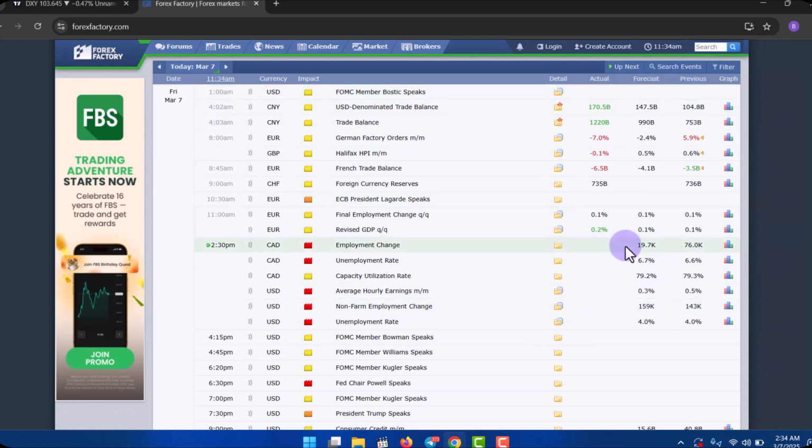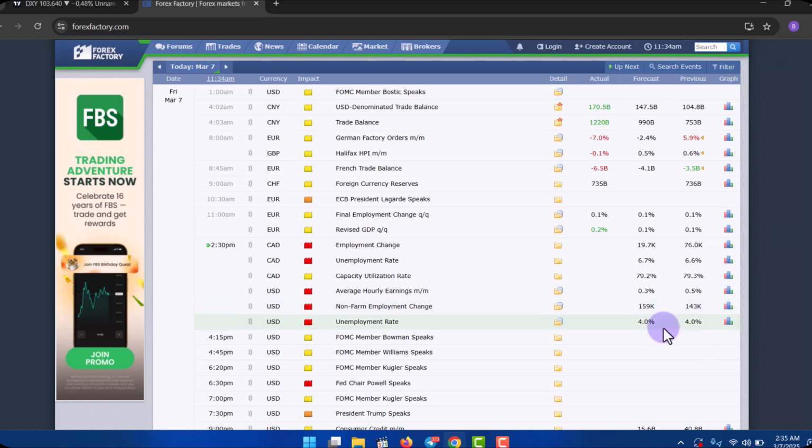Okay, so previously the news event came with about 143k. The forecast today is 159k. So technically we're expecting a positive outcome, an increase. That's what this means.